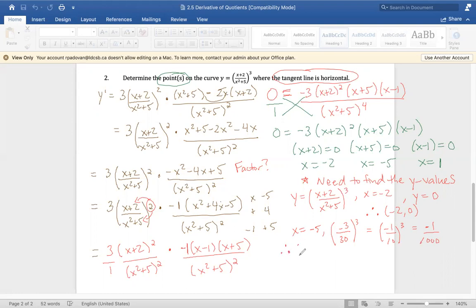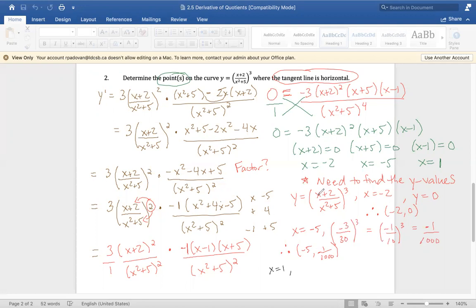Therefore, a second point would be -5 on x and -1 over 1,000 for y. It's my second point. I'm just trying to squeeze this in here, guys. And then for my last point, I have x equaling 1.